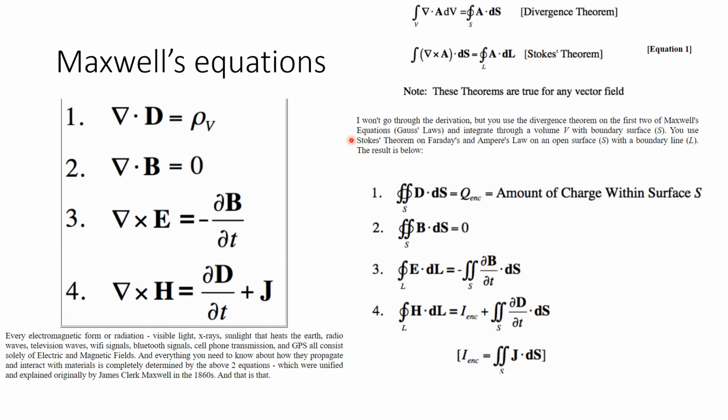But you can use the divergence theorem on the first two of Maxwell's equations and integrate through a volume, and you can get a couple of these laws. And you use Stokes' theorem on Faraday's and Ampere's law on an open surface with a boundary to get the others. So you see you have integral forms of the laws.